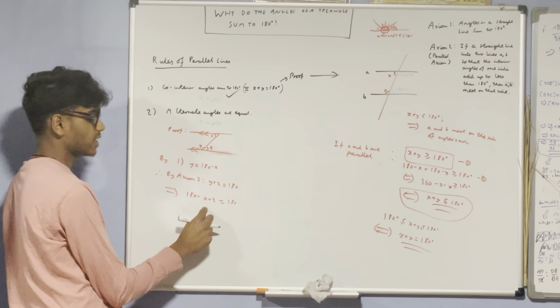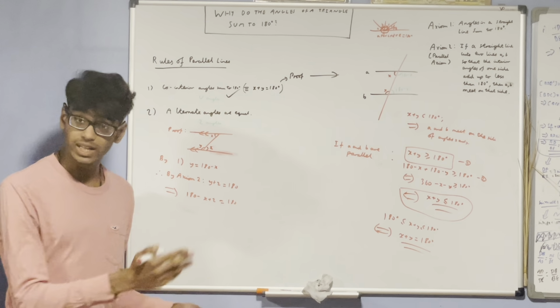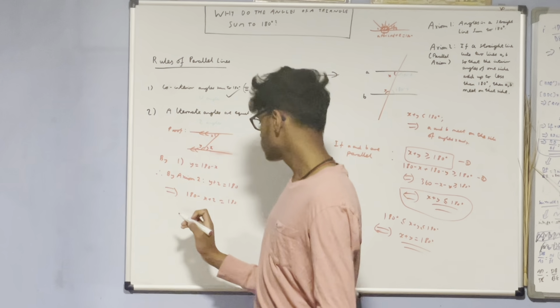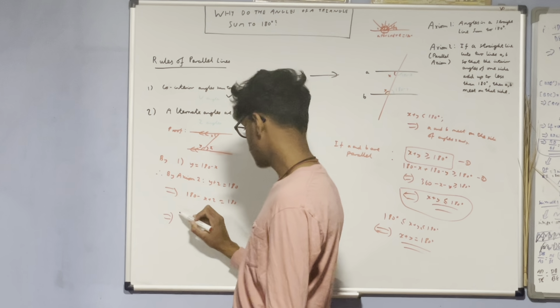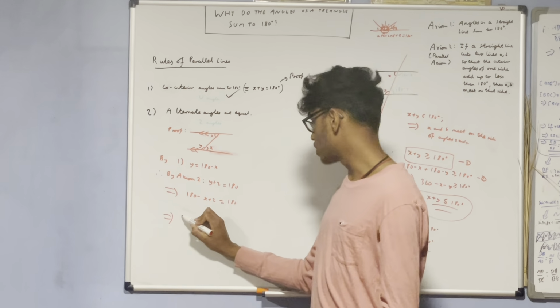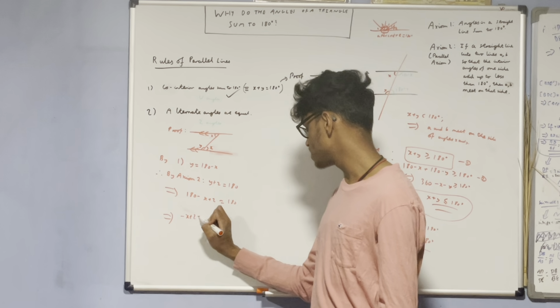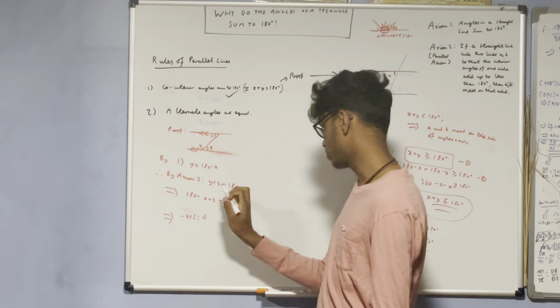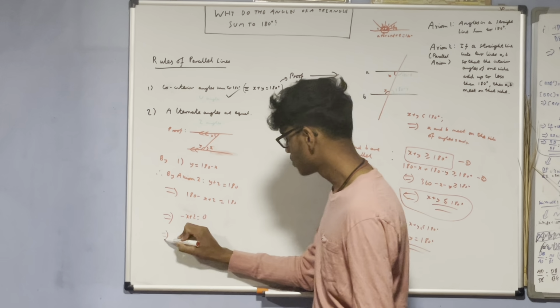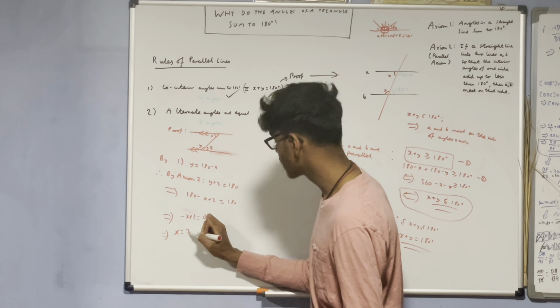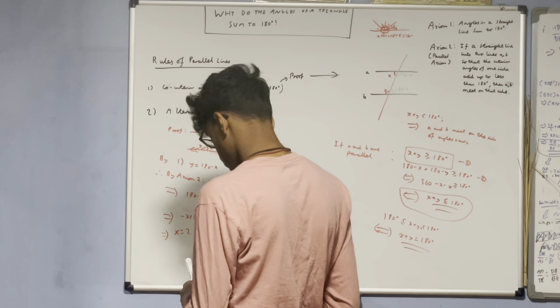So we've got 180 minus X plus Z is equal to 180. This implies that Z minus X is equal to 0, because we can take away 180 from both sides, which implies X is equal to Z. And so we prove this.